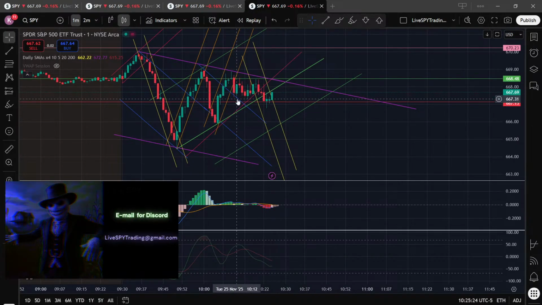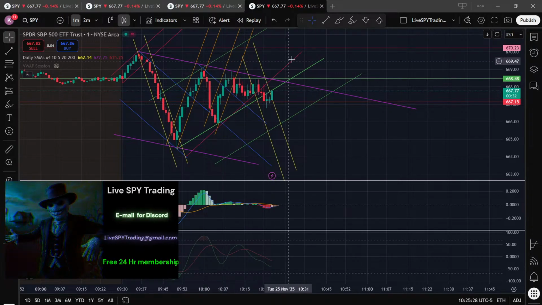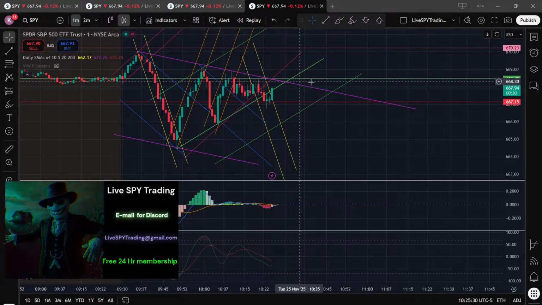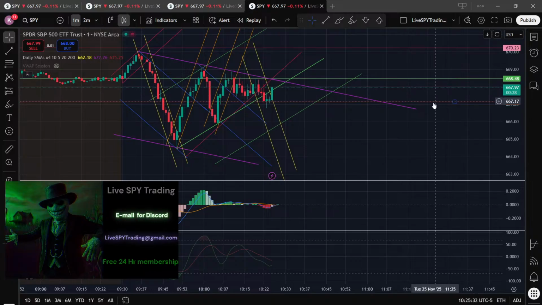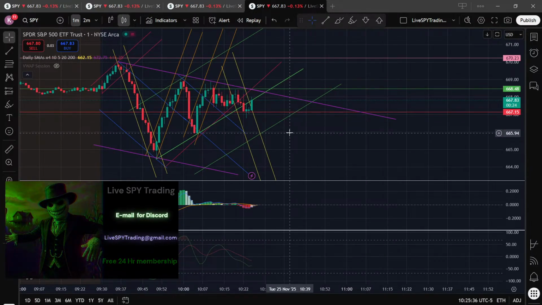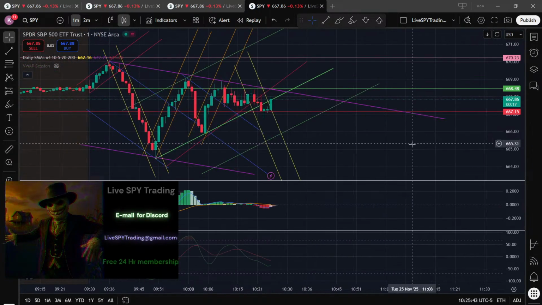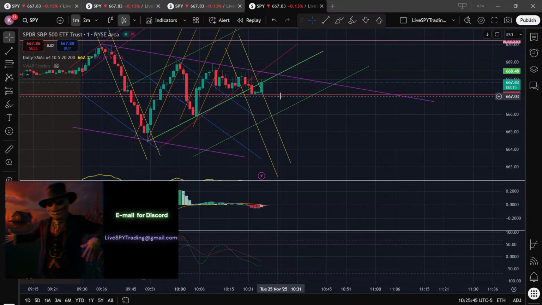Remember, we got to break this liquidity as well, right? Ideally, we'd like to be somewhere down here with a break of the green. This is where ideally we'd like to be, break a green. Either way, we need to break this red.